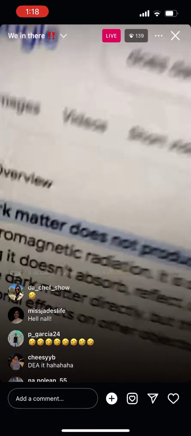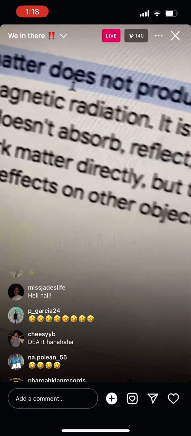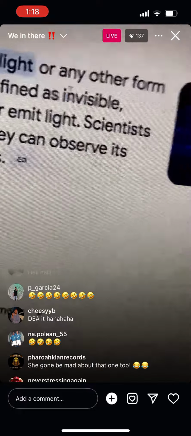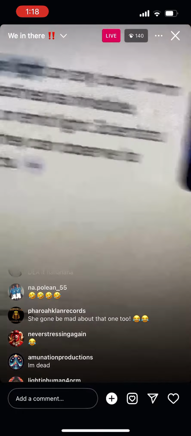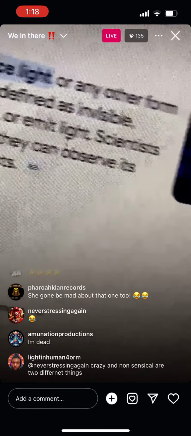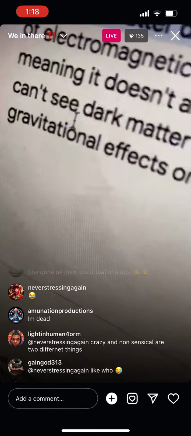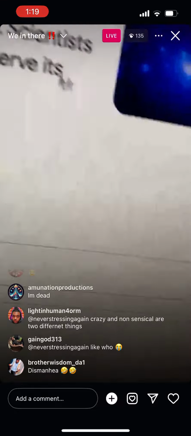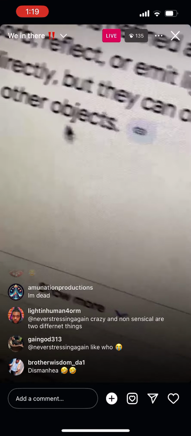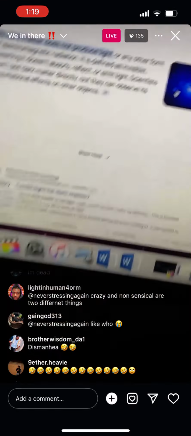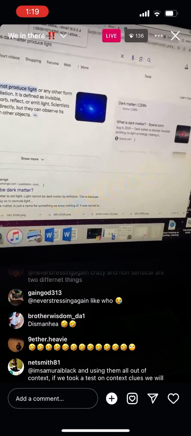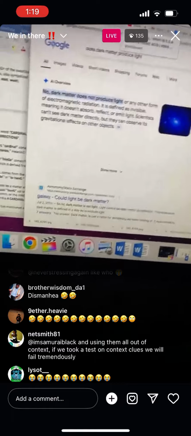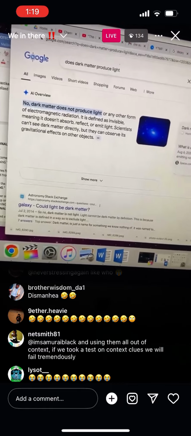It's basically, hell no, dark matter does not produce light. Scientists say Rashad Jamal doesn't know what he's talking about, and scientists apparently are right. That's what it says. I wouldn't tell you a lie. What would I lie about? It's right here in front of you. I just read it to you. No, dark matter does not produce light.